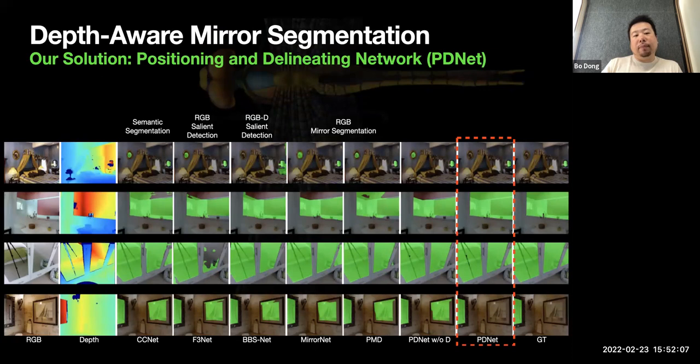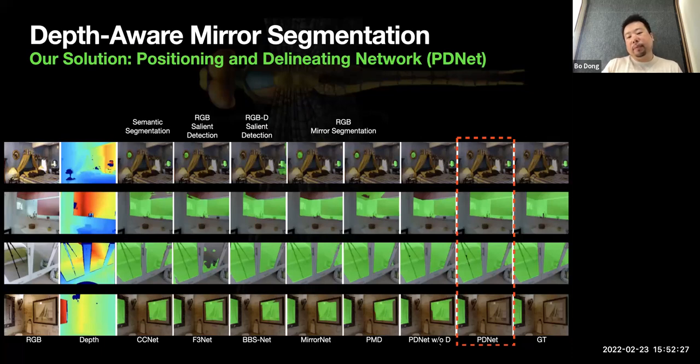We outperform all of them by a significant margin. We are also interested in whether the depth information really plays the role we thought, right? So that's why we conduct an ablation study.